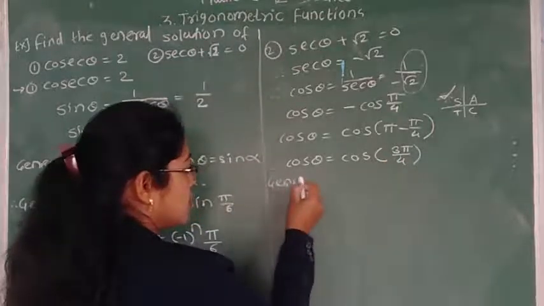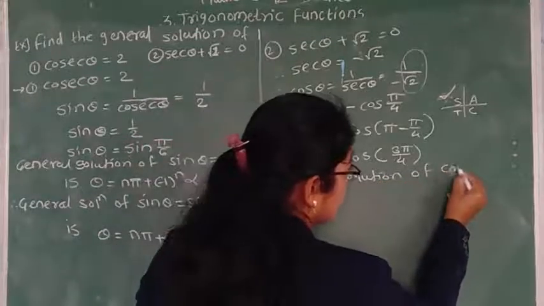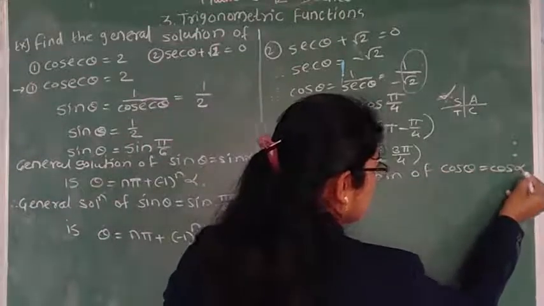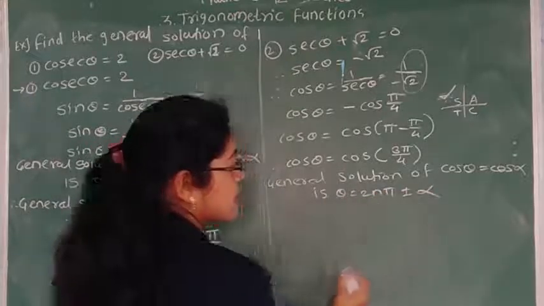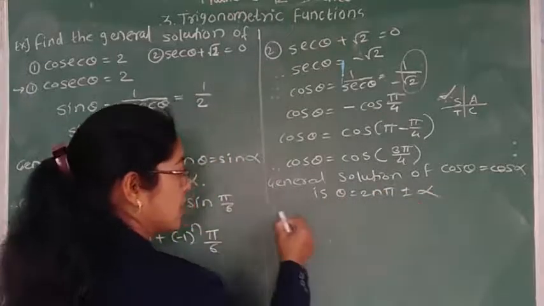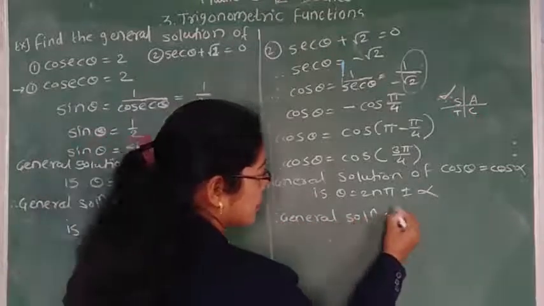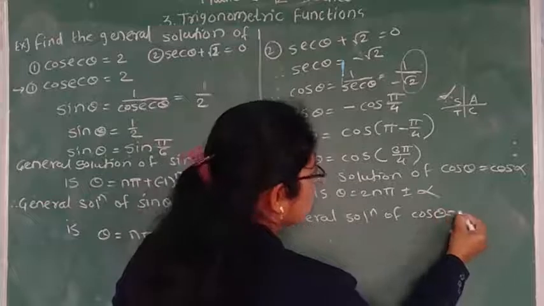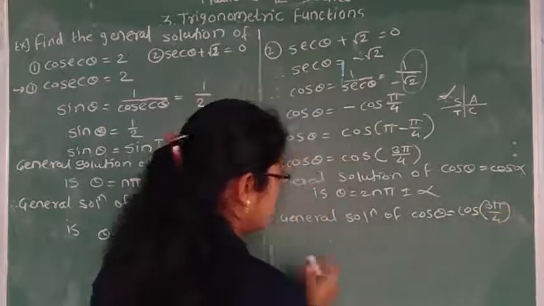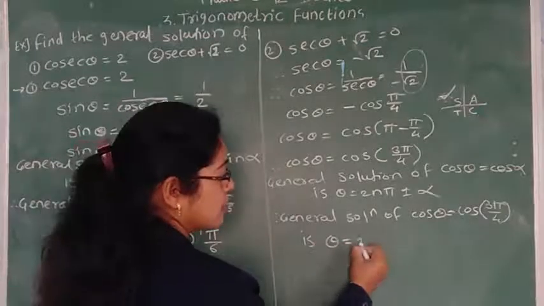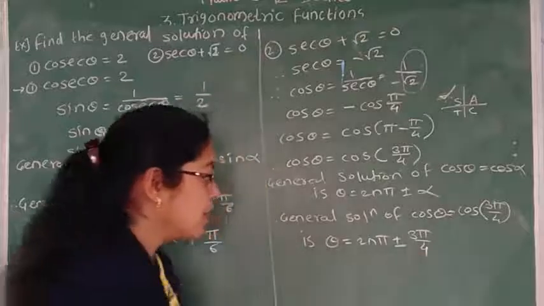So we know the general solution of cos theta is equal to cos alpha is theta is equal to 2n pi plus minus alpha. So therefore general solution of cos theta is equal to cos of 3 pi by 4 is theta is equal to 2n pi plus minus alpha, where alpha is 3 pi by 4.